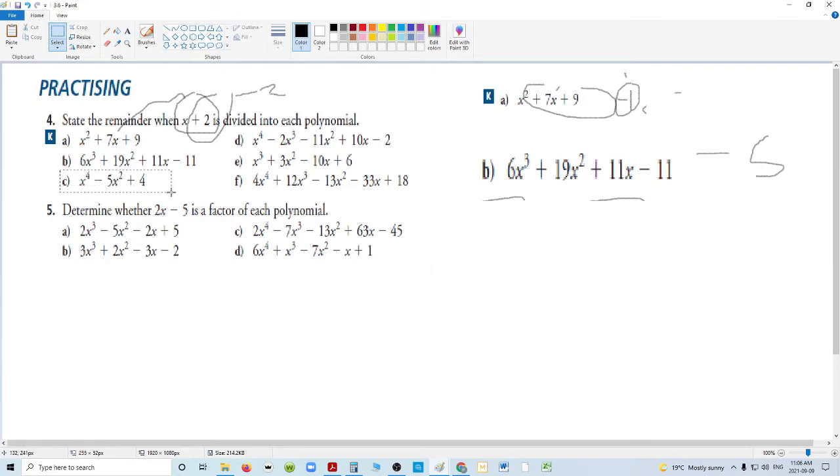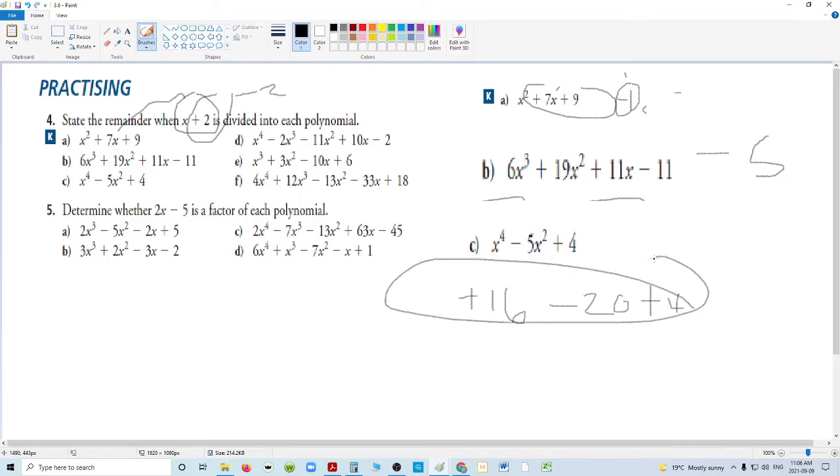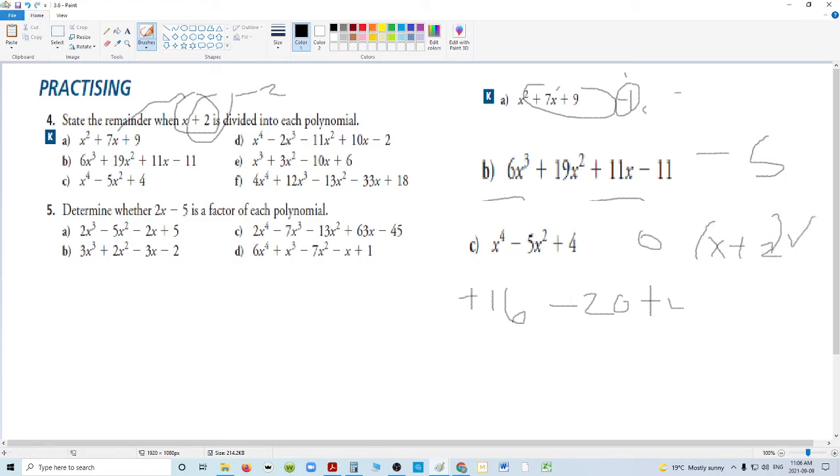Then you go on to C, and you do the same thing. You're plugging in minus 2 into the power 4, which is plus 16. And then minus 2 squared is 4, so minus 20 plus 4. This one comes out to 0, which means that x plus 2 is a factor.